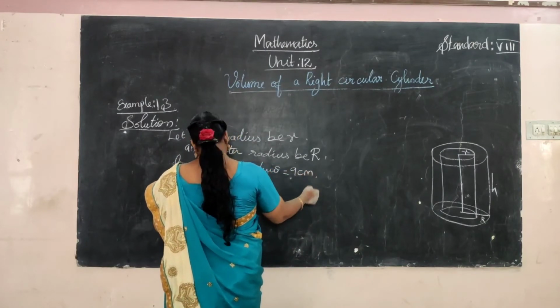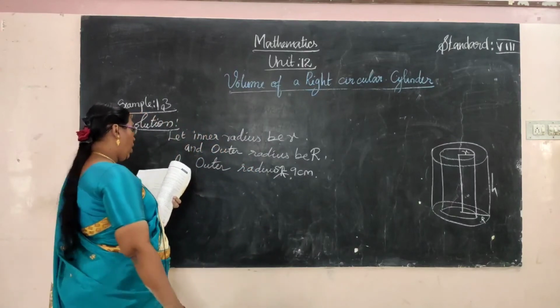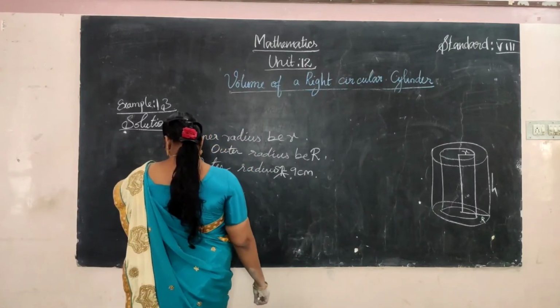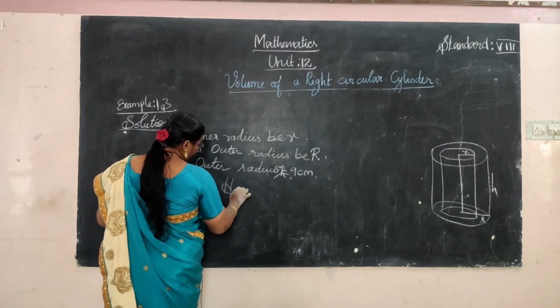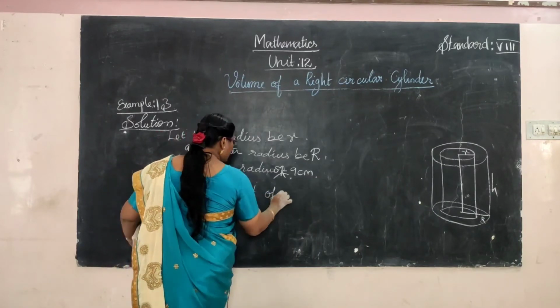So that is capital R. And then the height is given, the height of the cylinder.